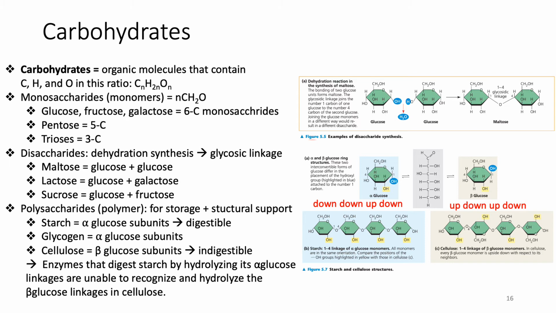The most prevalent disaccharide, however, is sucrose, which is table sugar. The 2 monomers are glucose and fructose. Lactose, on the other hand, is the sugar present in milk, and it's another disaccharide, but in this case, it is a glucose molecule joined to a galactose molecule. You don't have to know the structures of these sugars besides glucose.